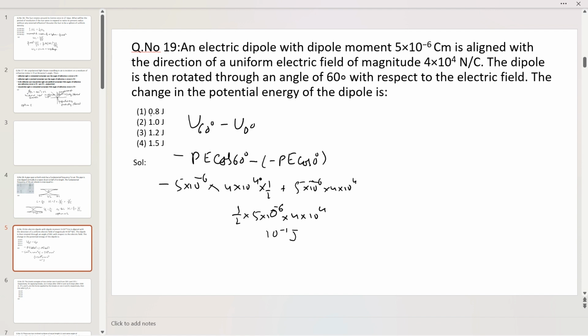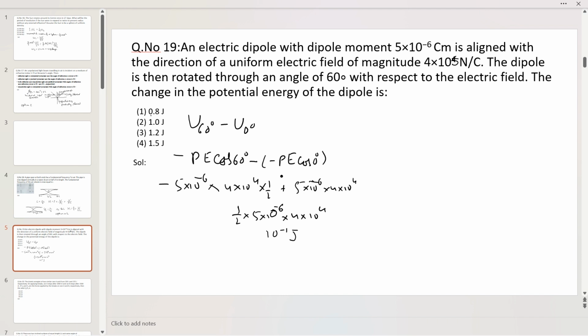Here this must be 10 to the power of 5 electric field. Then only 10 to the power of 5.